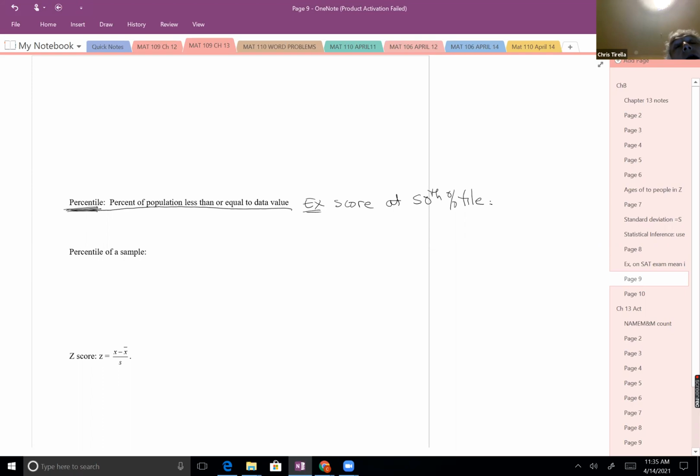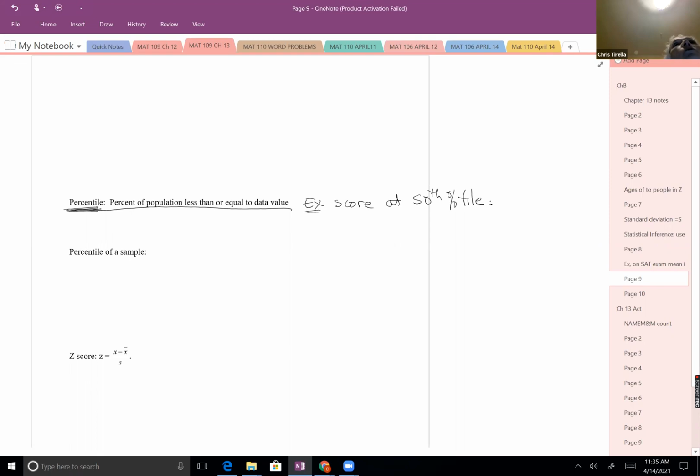I know that when my children were young and we took them to the pediatrician, they would measure their height and their weight. And they would always tell us that my kids would always be at the 25th percentile for height.